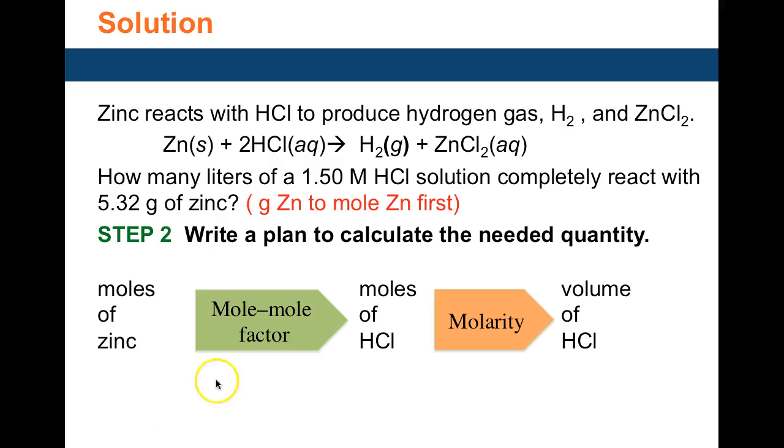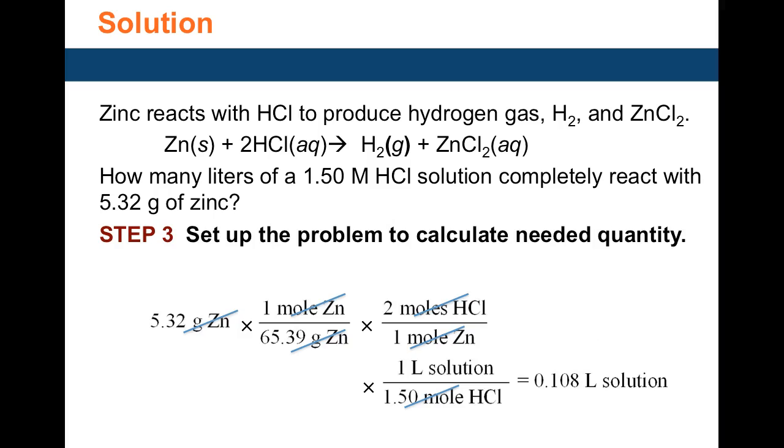So moles of zinc, then convert it into moles of HCl with the mole factors, and then what you're basically doing is dividing by the molarity to get the volume of HCl.